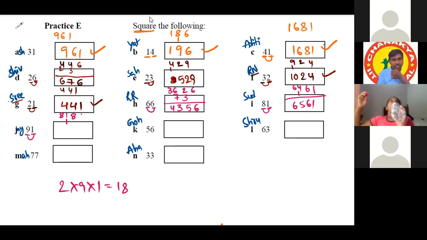And 1 duplex is 1. 1 square, right? So it's 8 1, 8281.